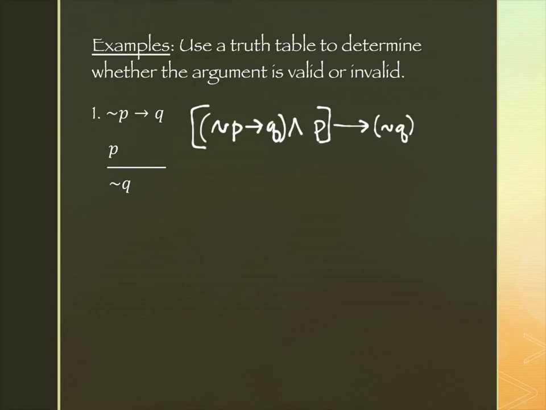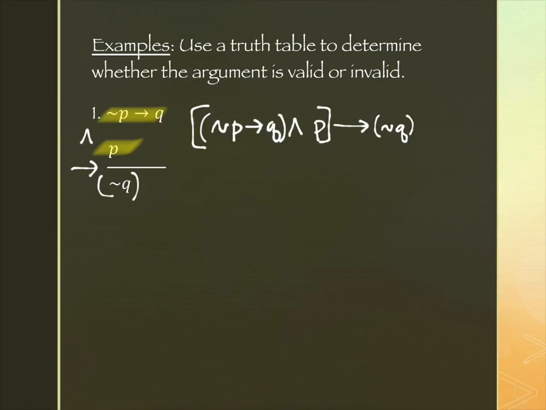Okay, so literally what I do is I take each of these pieces and I join them with and, all right? And then I do an arrow for the line and it ends here at tilde Q. That's how you put it together, because that's what step 3 is telling you to do.